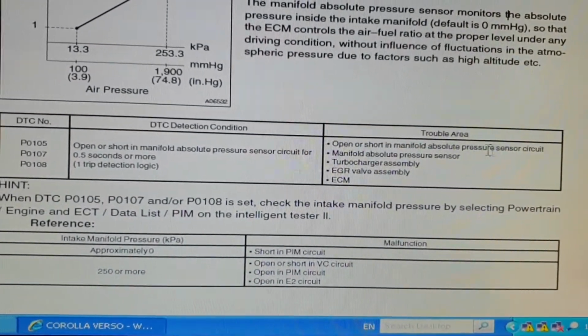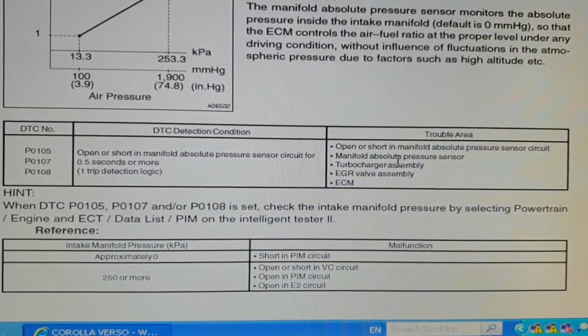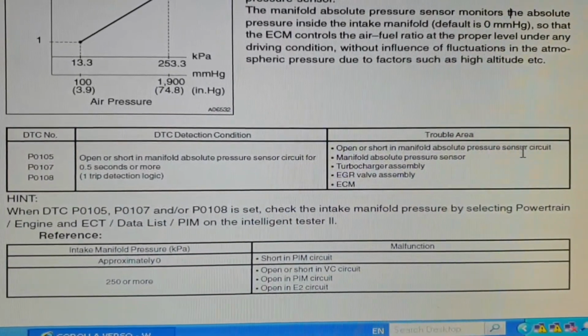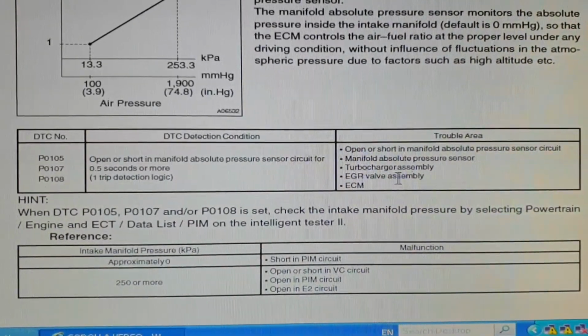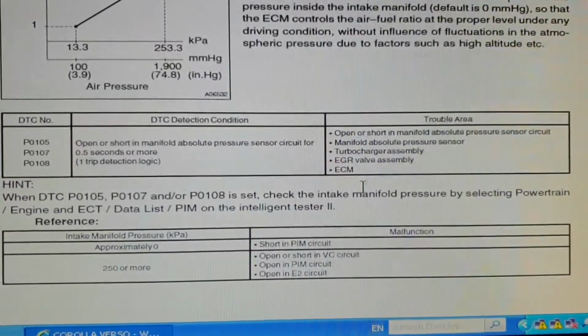So the trouble area, where the problem could be located: open or short in manifold absolute pressure sensor circuit, manifold absolute pressure sensor, turbocharger assembly, EGR valve assembly, ECM.